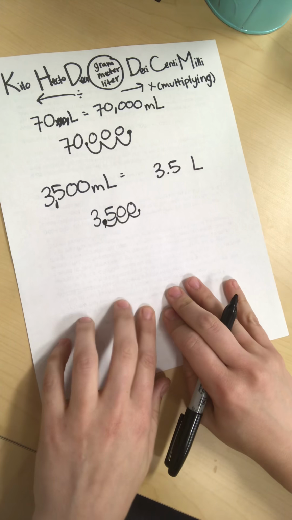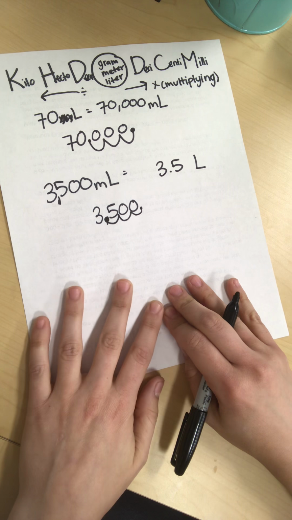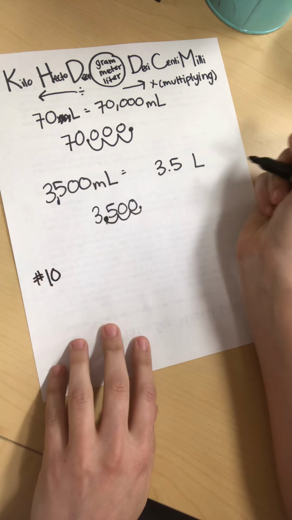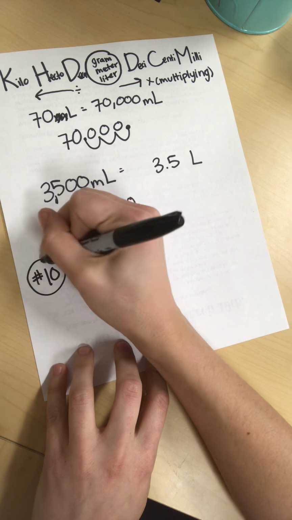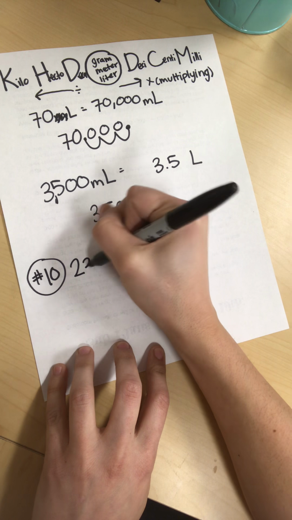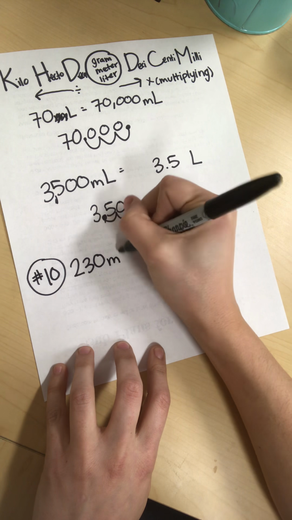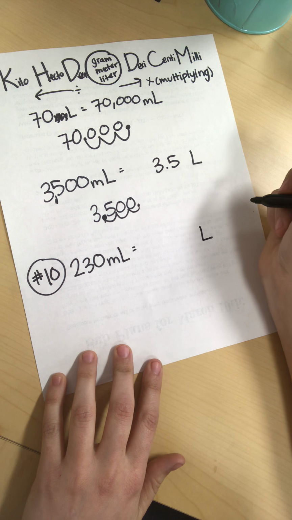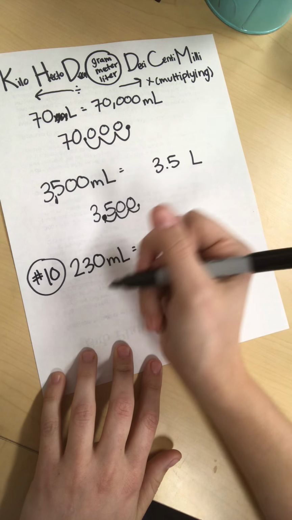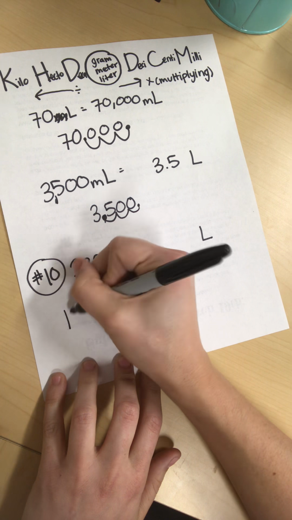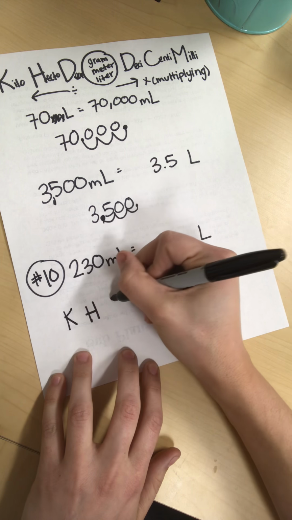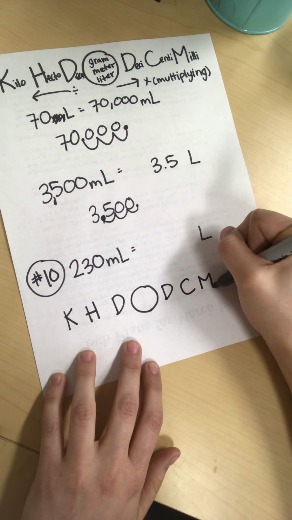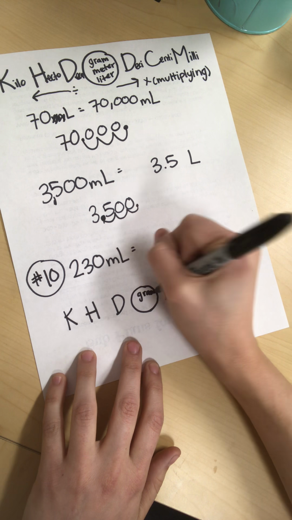Now, I'm going to do one more. On number 10, on your independent practice, we see that they want us to convert 230 milliliters into liters. Now, just in case you forgot, you can remember by using this phrase. King Henry died while drinking chocolate milk. And then you just fill it in with whatever you're using.